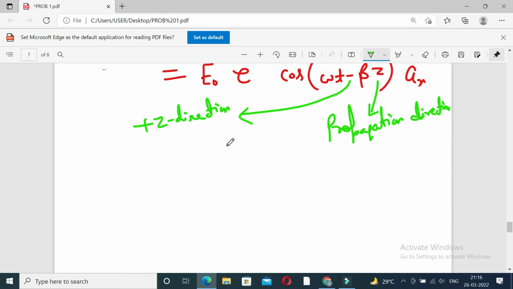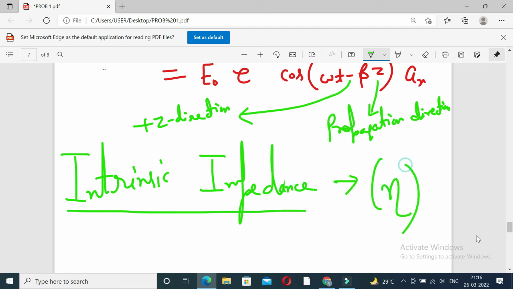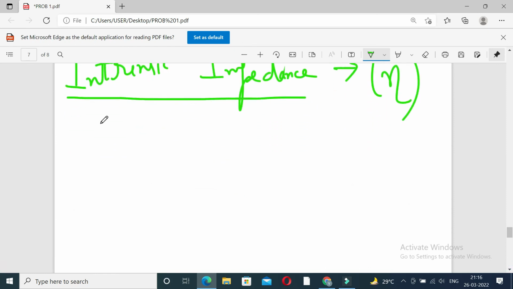Now, what is intrinsic impedance? Intrinsic impedance is denoted by eta, and it is the ratio of the electric component to the magnetic component.